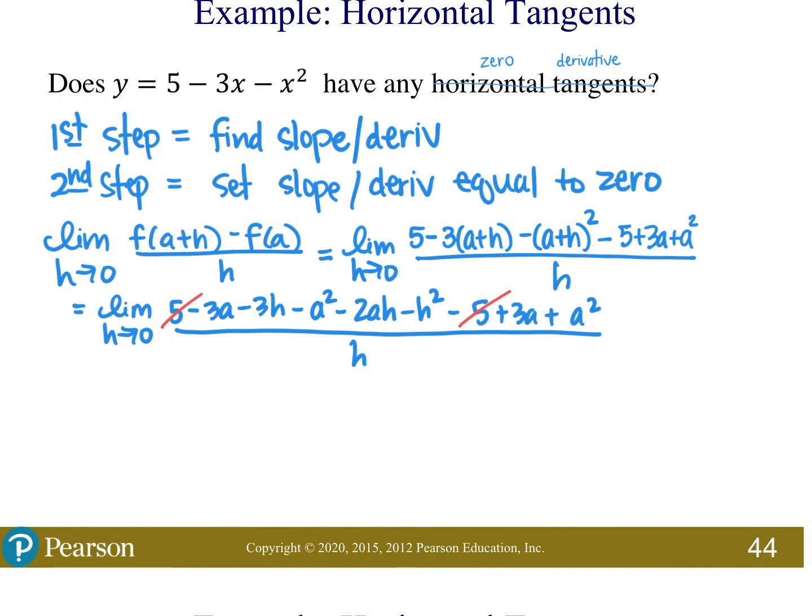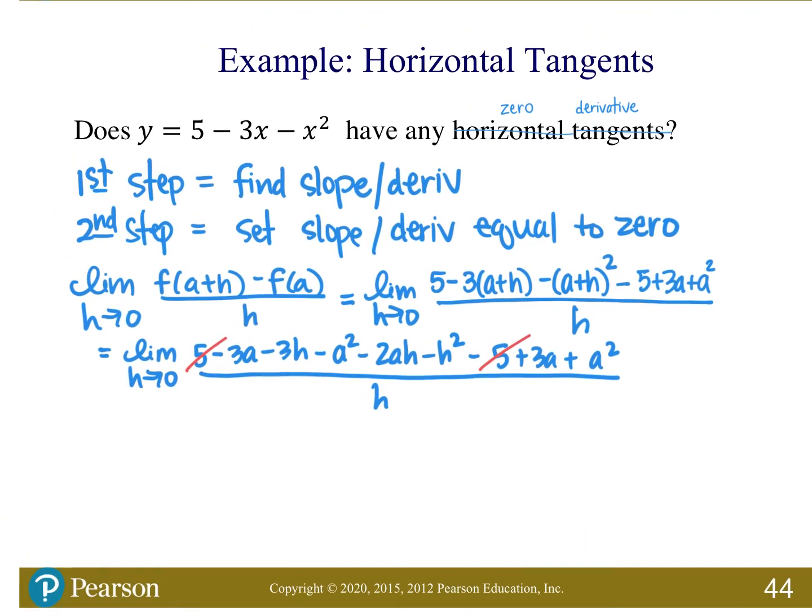We're on 44 slide if you want to catch up. And then at the front now we have a 3a, minus 3a. That'll cancel out with another 3a. And what else can we cancel out? Anybody see anything else? I feel like I'm missing something. The a squared, good job. Okay, the a squared I can cancel out.